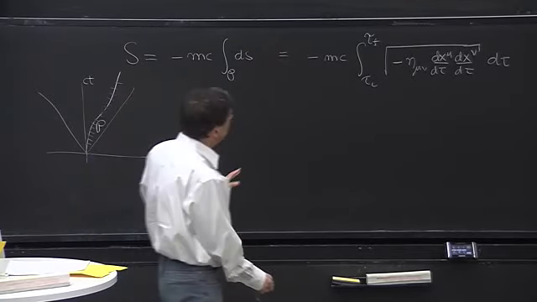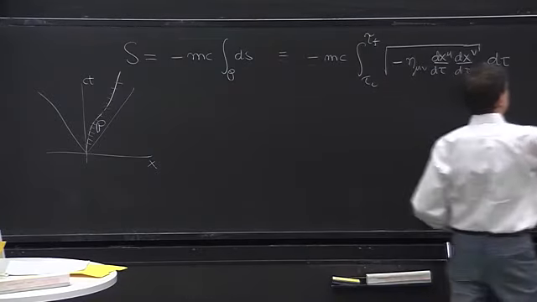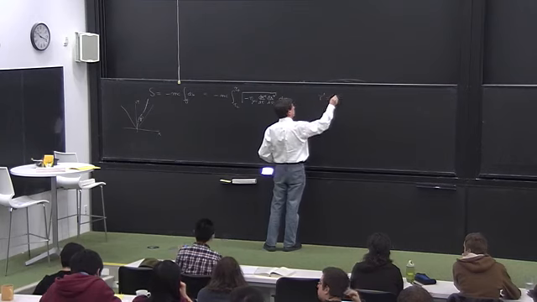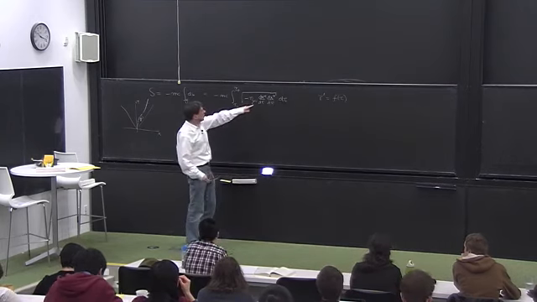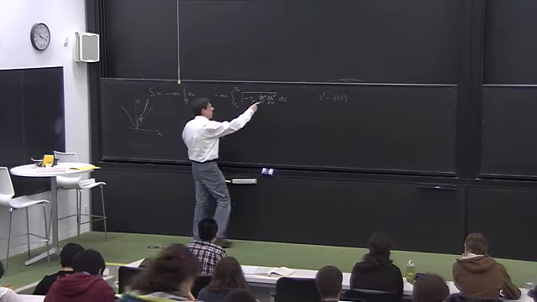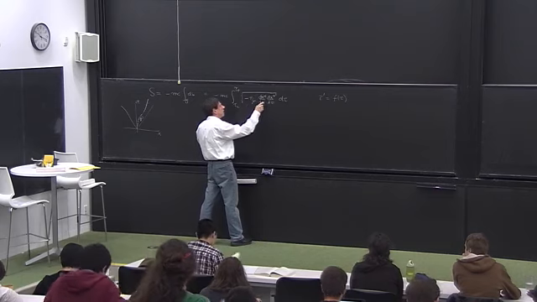By that, we mean that if you would have decided to use a different parameter, tau prime, which is some function of tau, you could use the chain rule, and you say, well, here I have the chain rule between tau and tau prime, and here the same.